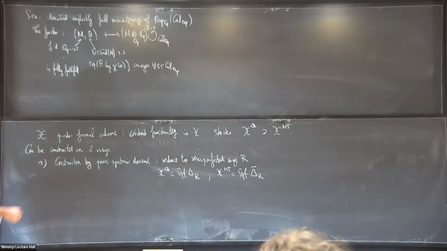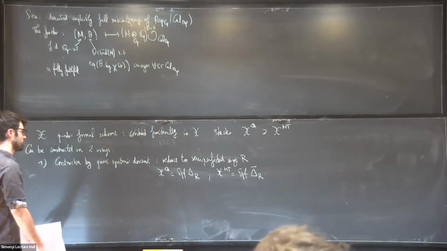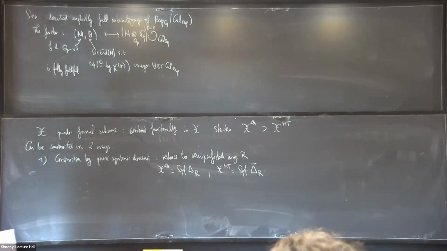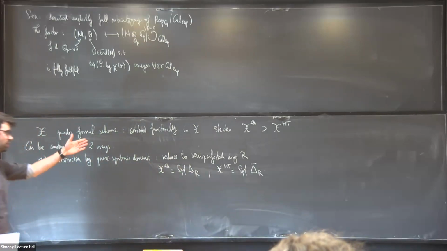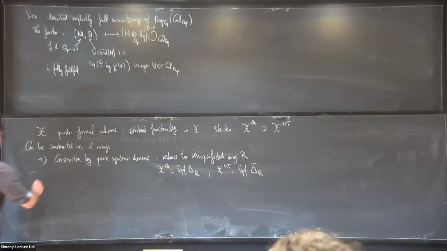So this perspective makes clear that what you are constructing is a stack with the properties that cohomology of the structure sheaf recovers either prismatic cohomology or reduced prismatic cohomology.